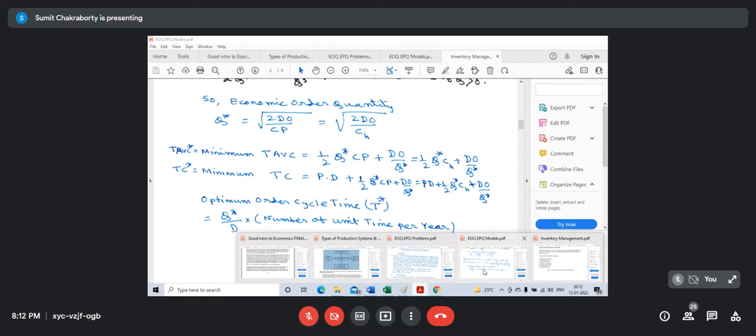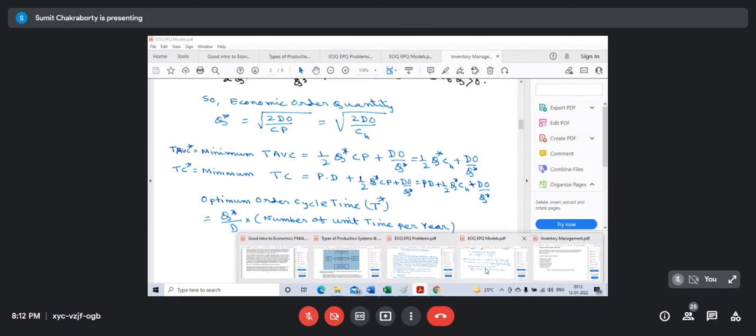So at what particular maximum inventory level is the total cost minimum? That's what we are talking about. So when Q equals Q star, then the total cost is minimum. Q star in other words is EOQ. Not at any arbitrary maximum level.